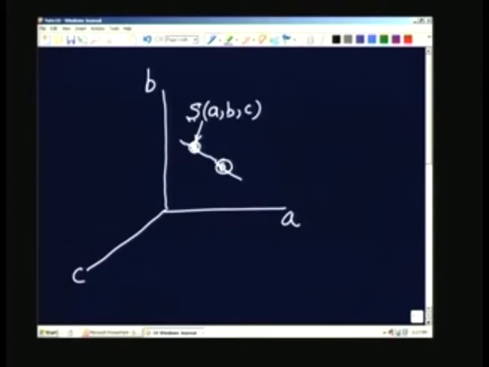The slope of this line is the magnitude of the gradient.